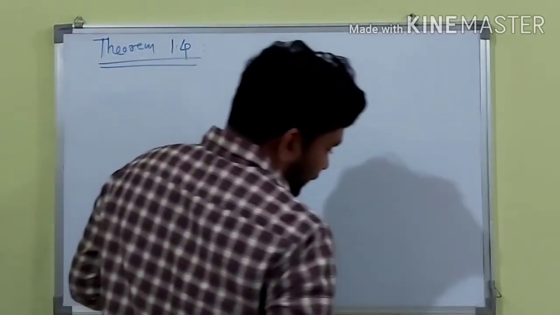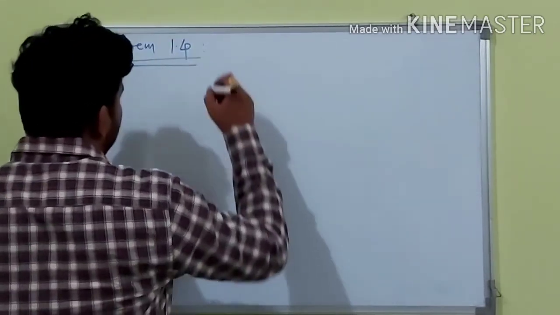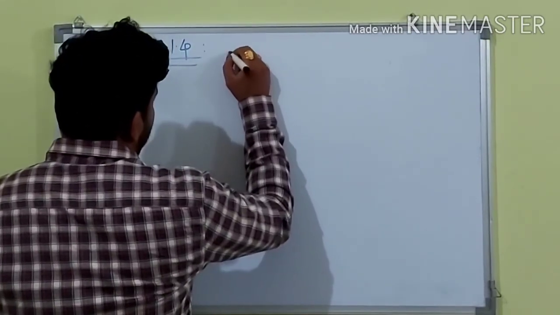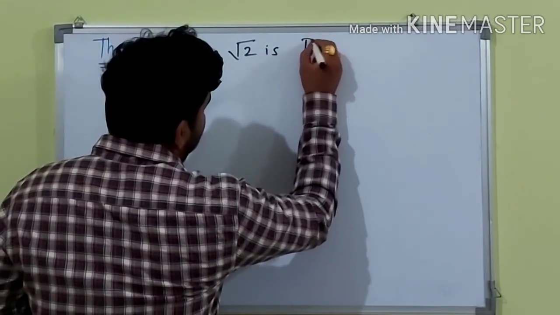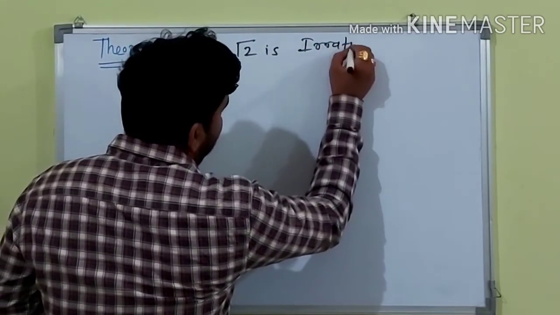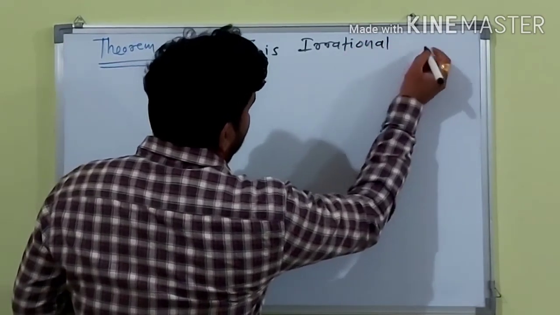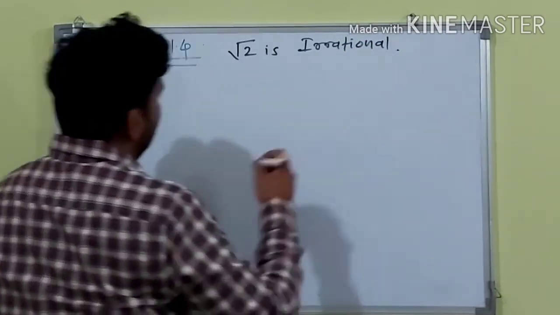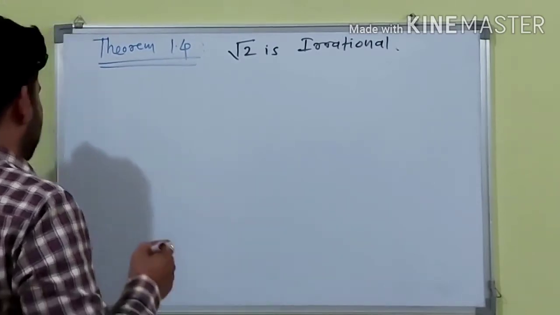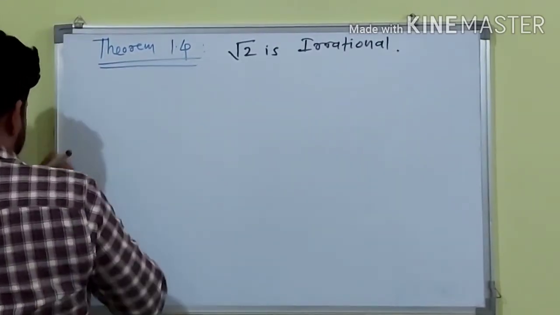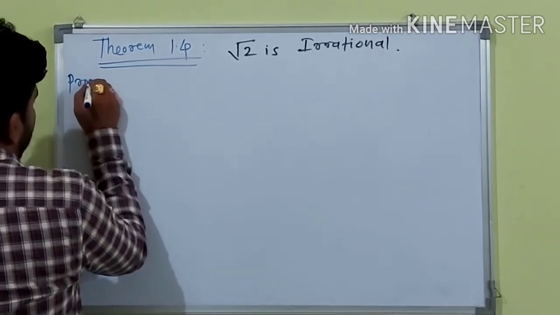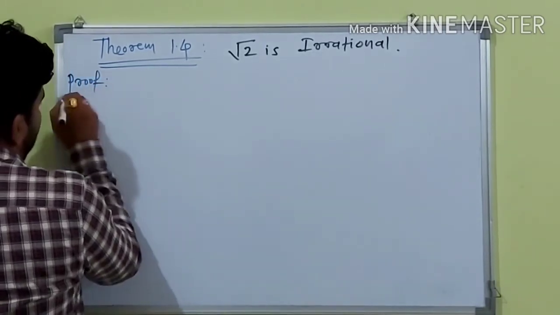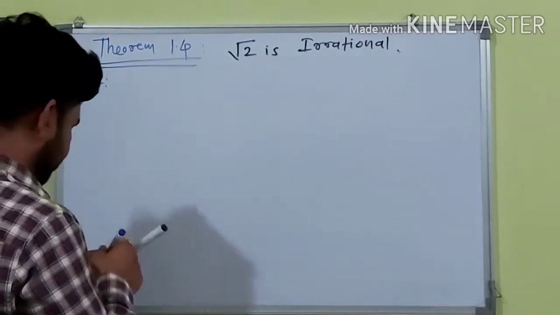So let's see how under root 2 is irrational. Let's see the proof.